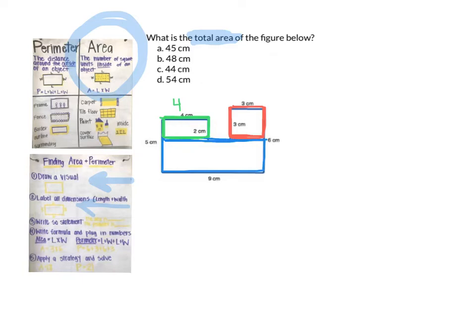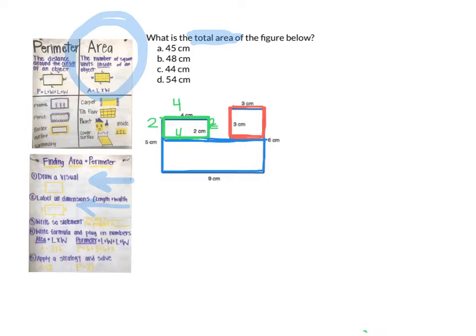This really helps us when we are labeling our dimensions. Since I know that this side length is 4, I also know that this side length is 4. And since this side length is 2, I also know that this side length is 2.